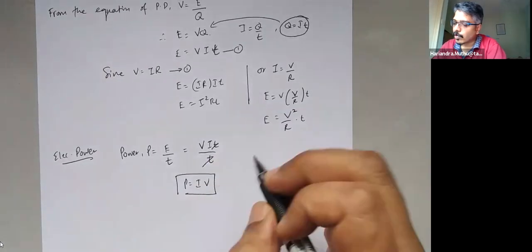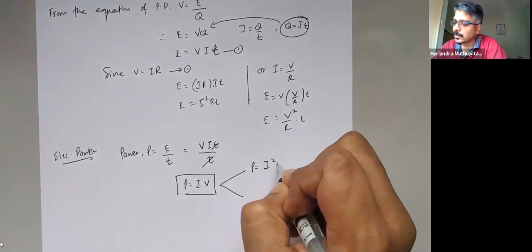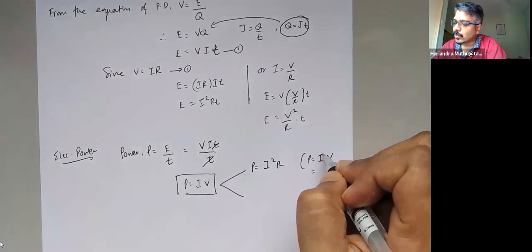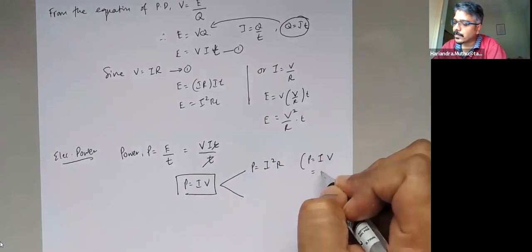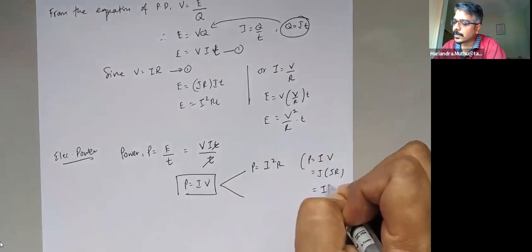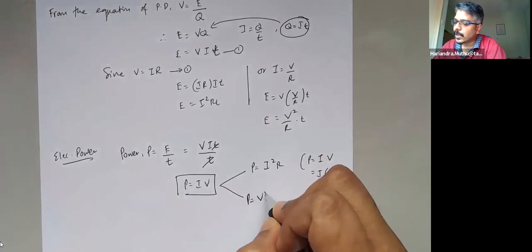Okay, so from this equation, we can get P equals I squared R. So P equals IV. Okay, so we know that V equals IR. So hence we have I squared R. Or P equals V squared over R.